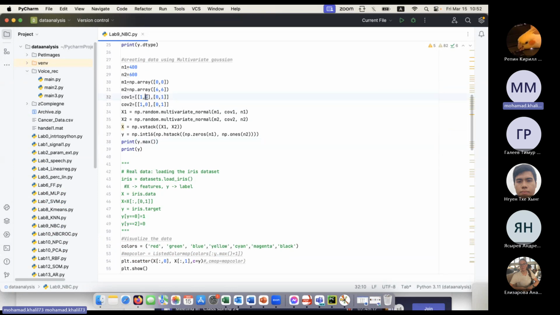Look, so it will be here, for example, 0.1, 0.1, minus 0.8, minus 0.